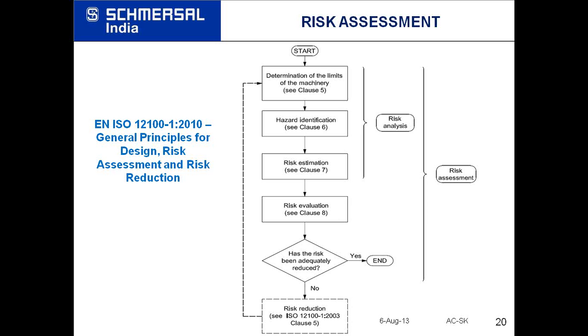What I am trying to explain is that we have to understand the limits of the machinery. We need to know the maximum limit of the machine. For example, I have seen a cylindrical pipe cutting machine where the pipe diameter varied from, say, 40 mm up to 400 mm.